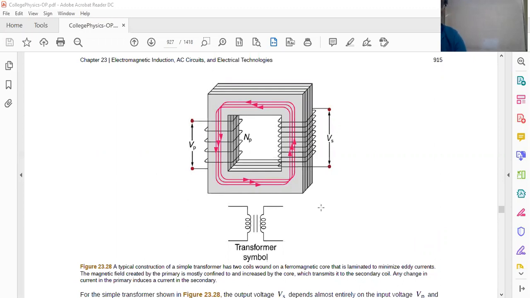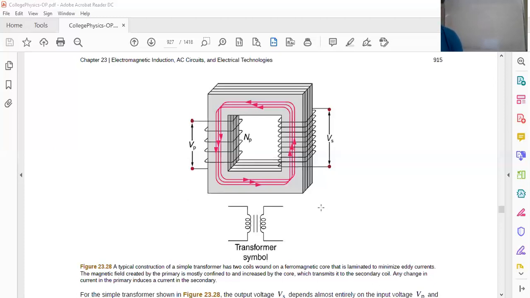Again, I'll write this up on the whiteboard. The primary is essentially where you're getting your power. So for instance, let's just say you have a transformer in your computer or something. So primary could be what's coming out of the wall. Your primary could be 120 volts coming out of the wall.